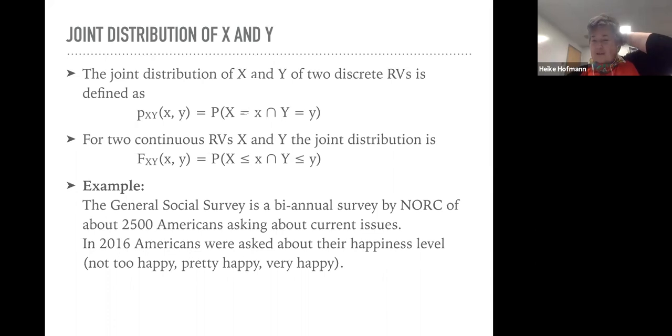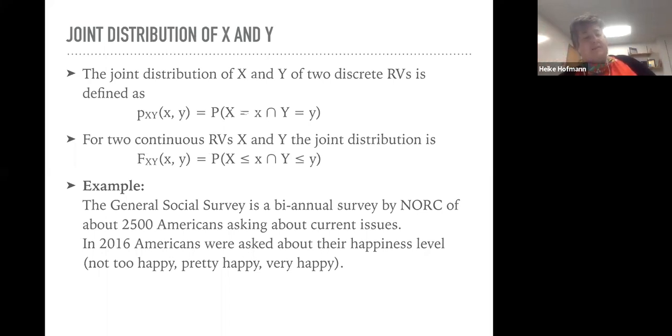So let's have a look at an example. The General Social Survey is a survey done by NORC, and they usually ask about 2,500 Americans about current issues.